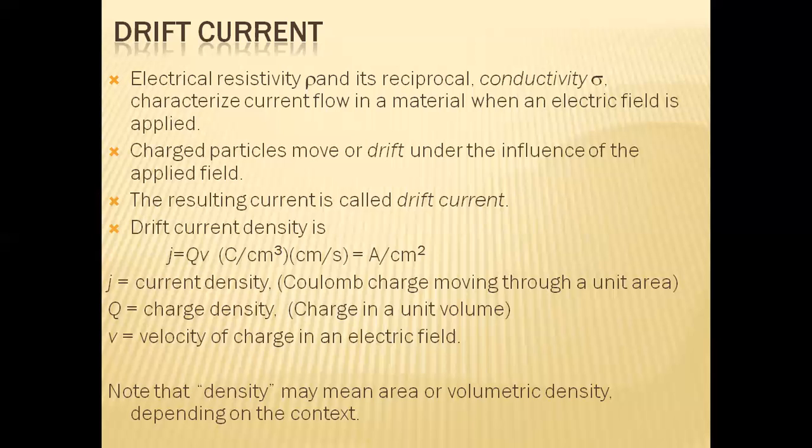It is specified with an equation: the drift current density is denoted by J, which is Q into V, where Q is the charge density and V is the velocity in an electric field, and its units are amperes per centimeter square.